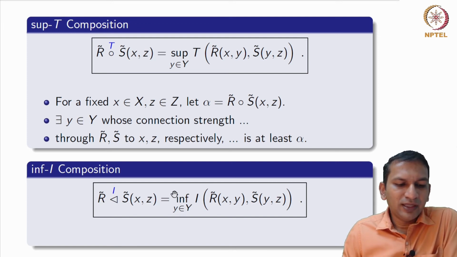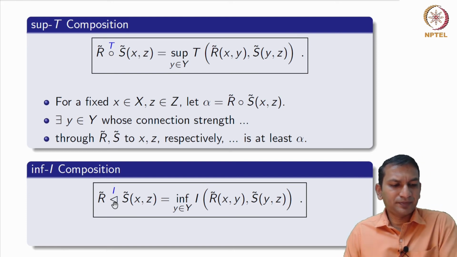Note that we could use any implication here and any t-norm here, only this operation of supremum or infimum is fixed. To denote this, we have the t above the circle and I above this left triangle.